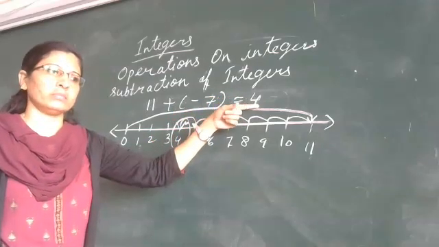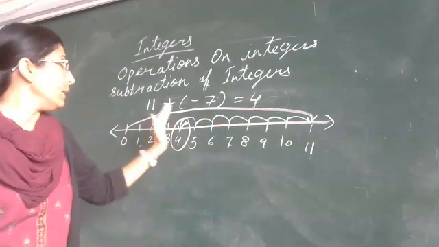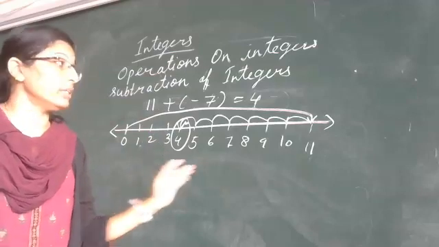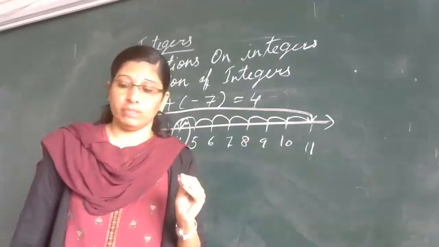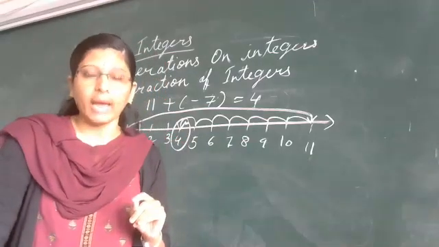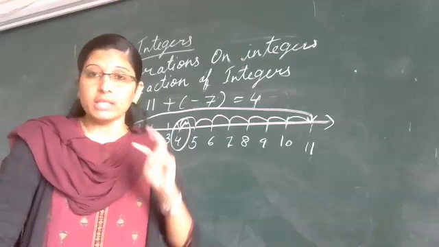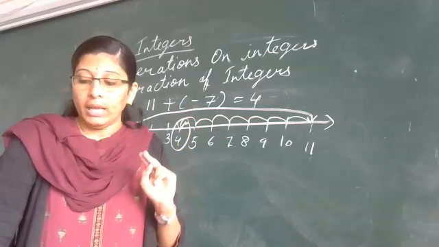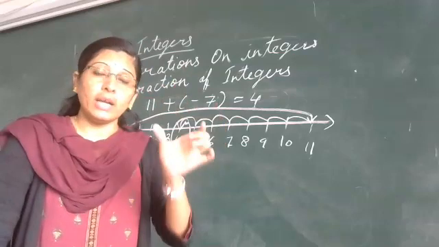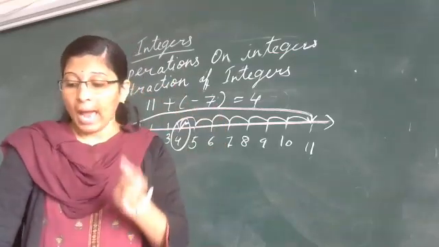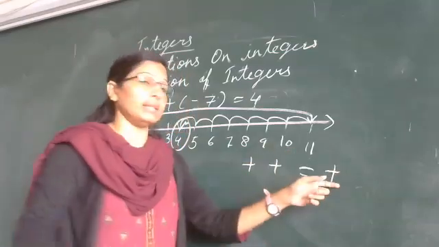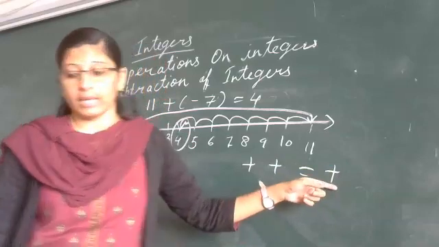Got it? Yes, ma'am. Okay. So in integers like this, we have to add and subtract the integers. Only the sign is important here. What you have to remember, in addition, is that the sum of two integers with the same sign is the sum of their absolute values, and with the same sign, means plus with plus, the answer also will come with the same sign.